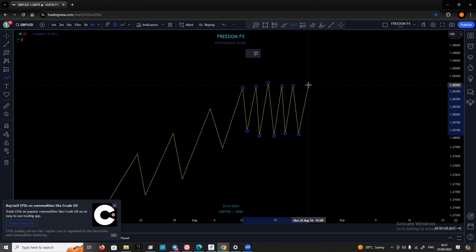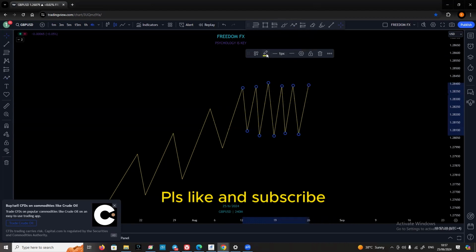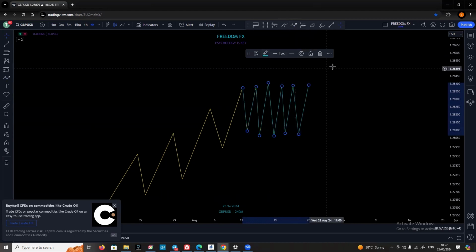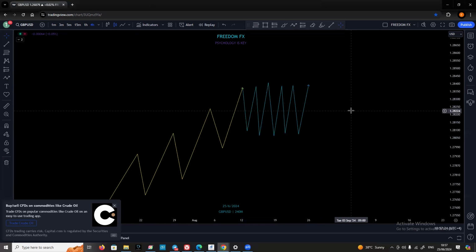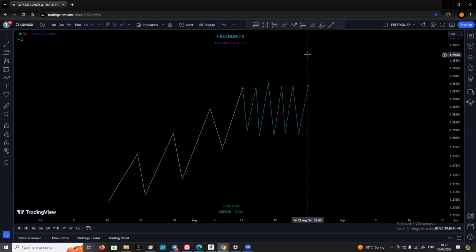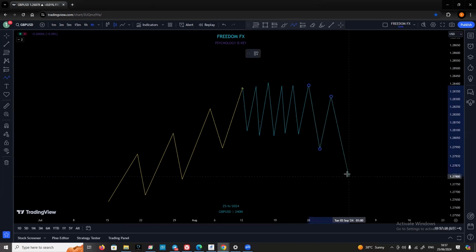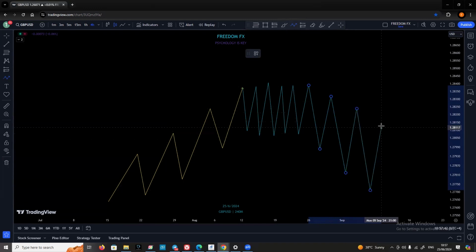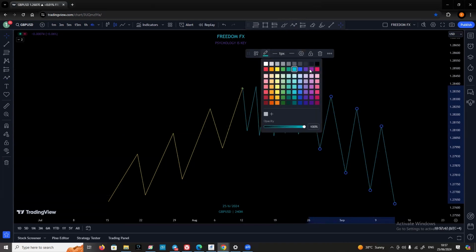This is exactly what you expect to see in a sideways movement. And in a downtrend, this is what we expect to see. We expect to see price pushing to the downside, creating lower lows and lower highs. This is exactly what we need to see.